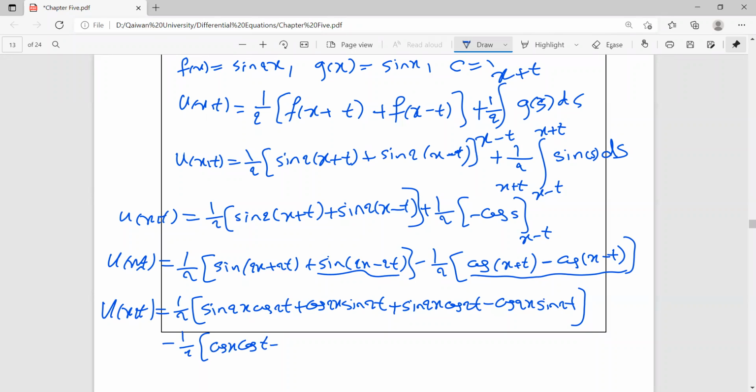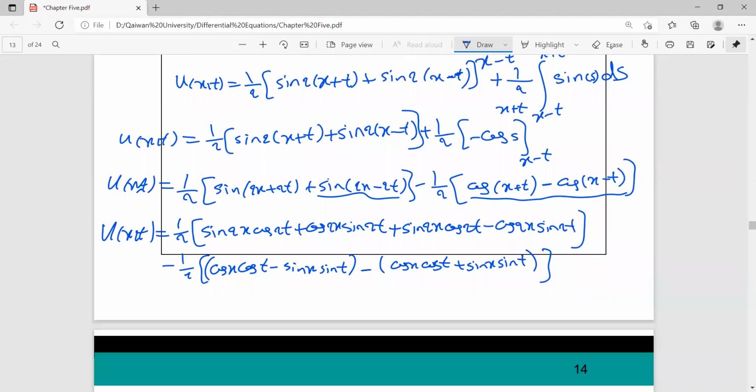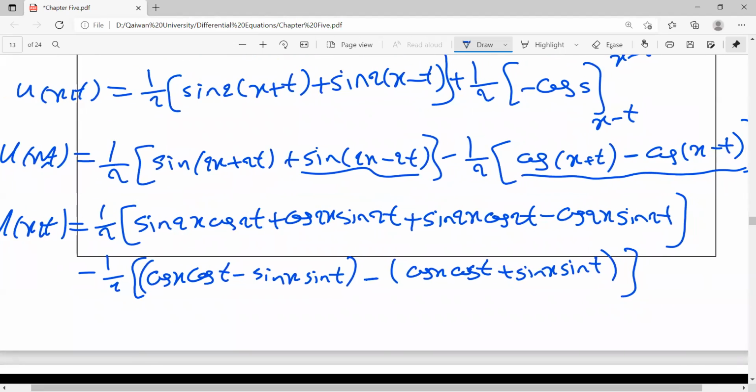If it is positive, it becomes negative, and if we have the difference of two angles, it becomes positive. Cosine of x minus t is cosine x cosine t plus sine x sine t. And here we have a negative sign.